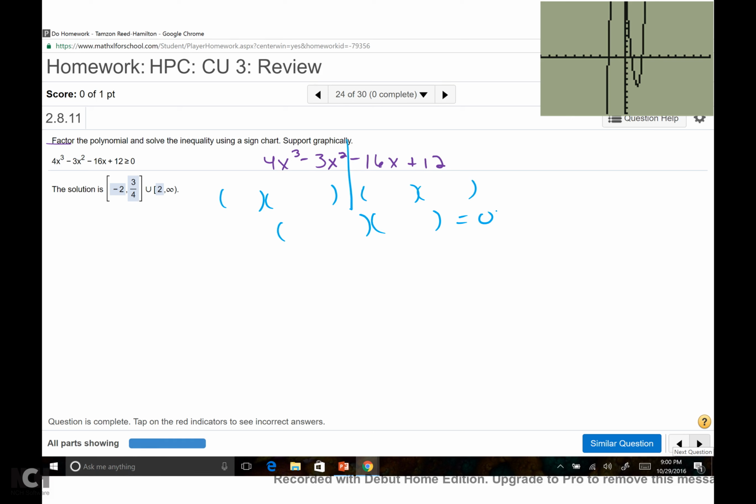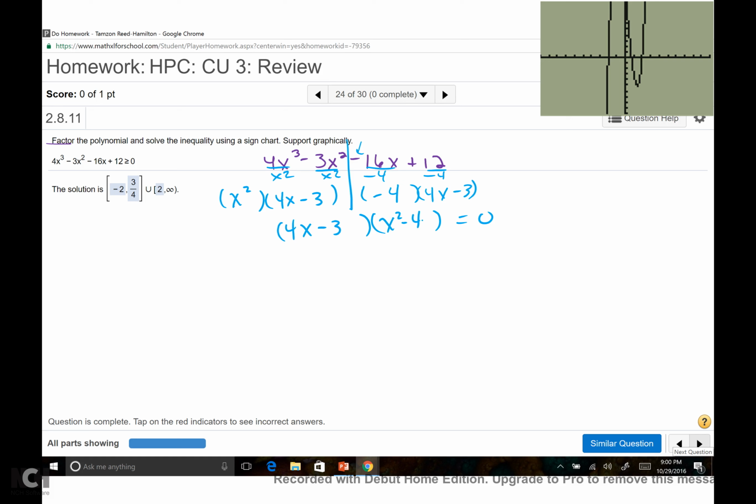So this side, I can pull an x squared. If I divide by x squared, I get 4x minus 3. This side, I can divide by 4, and I'm going to use a negative. Divide by negative 4, divide by negative 4, I get positive 4x minus 3. My matching binomial is 4x minus 3 times x squared minus 4.